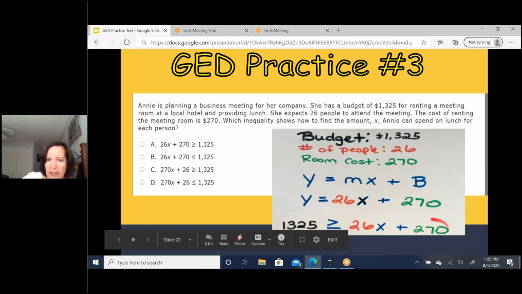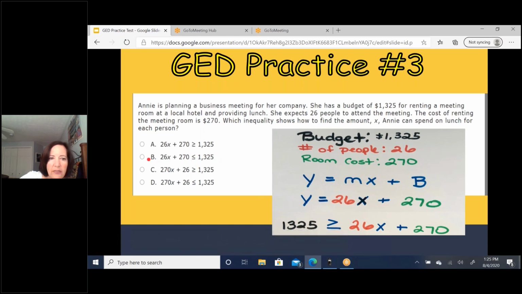Now, the way I wrote my equation still looks different than their options. They put total costs on the right, and I put total costs on the left. The most important thing is that you remember that the large side, or the greater than side of the symbol, is facing $1,325.